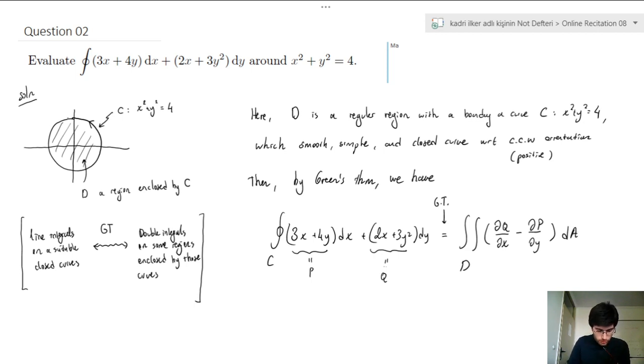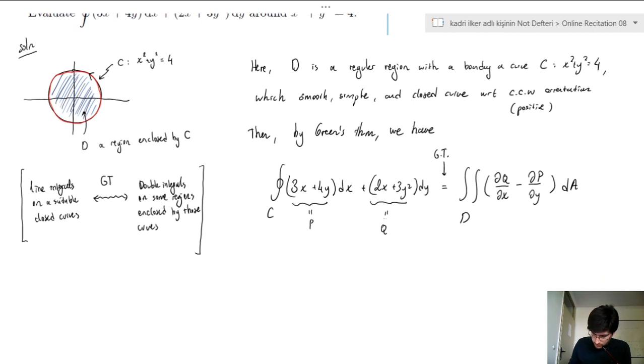So instead of computing this line integral on this red curve, it turns out that we can compute the double integral on the region, the blue part, enclosed by this red curve. Now this is easy, because del Q del x minus del P del y is just 2 minus 4, dA.